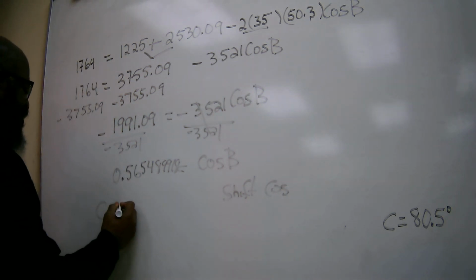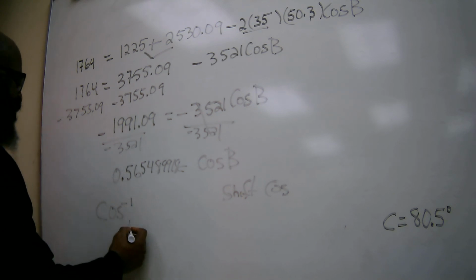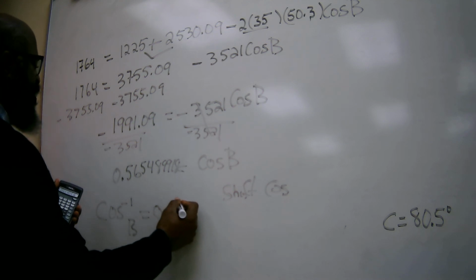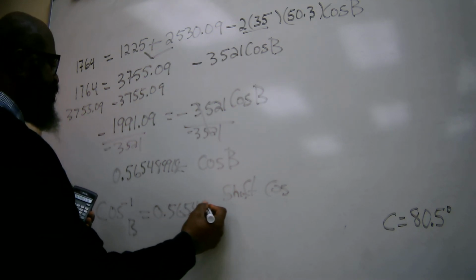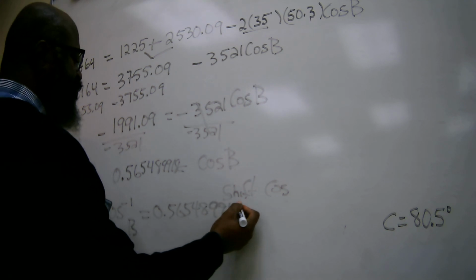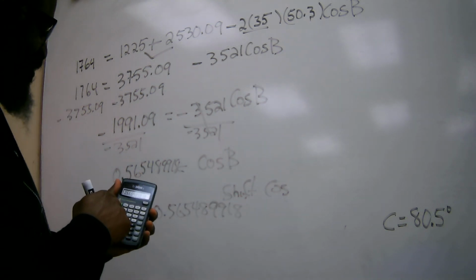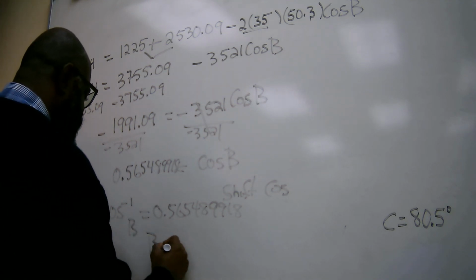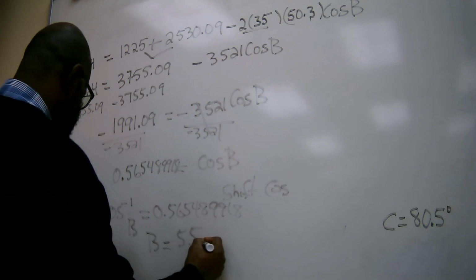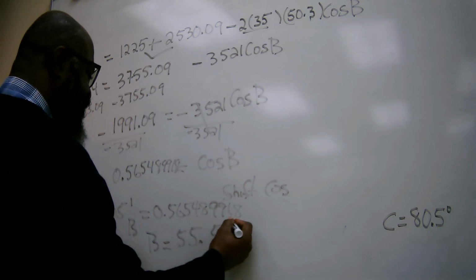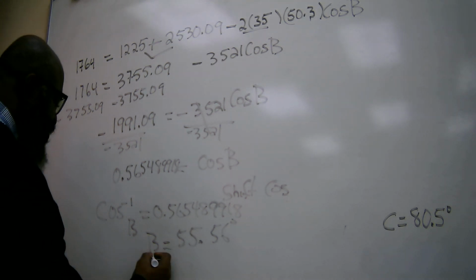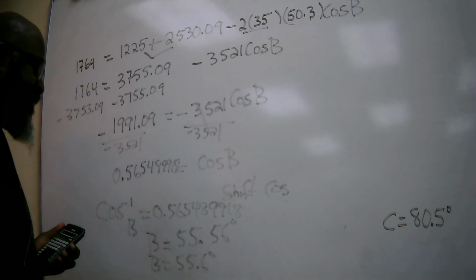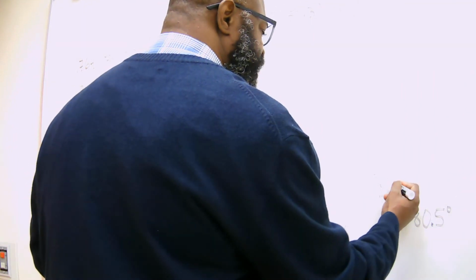Then I will have this in my calculator. I'm going to enter this number just for show purposes. It's already in my calculator. You press shift cosine. It tells me angle B is 55.56 degrees. I'm going to round this to the nearest tenth. It's about 55.6 degrees.